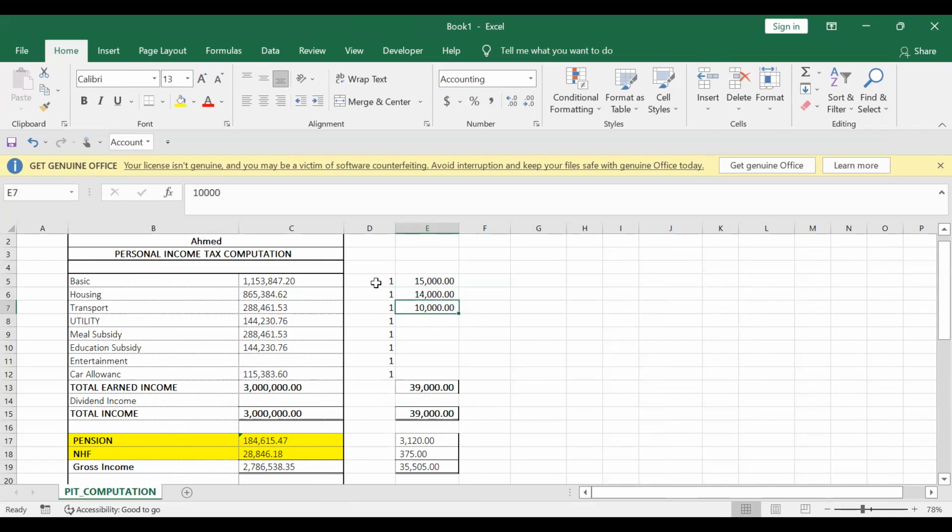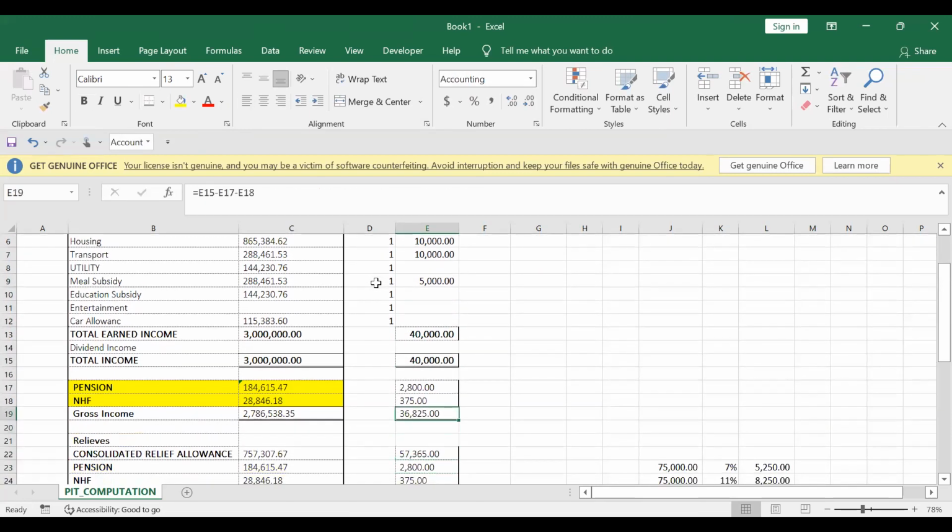In a month it is 40,000, right? Yes. Okay, so let's make the whole thing ourselves. Let's assume housing is 10,000, transport is 10,000, basic is 15,000, and let's say utility or others is 5,000. That gives us 40,000.